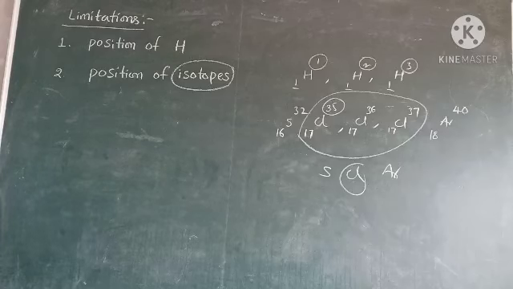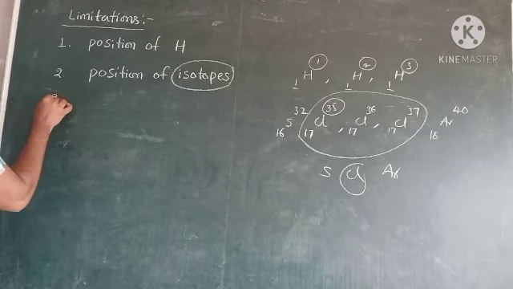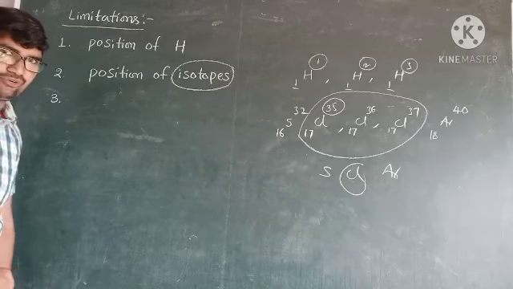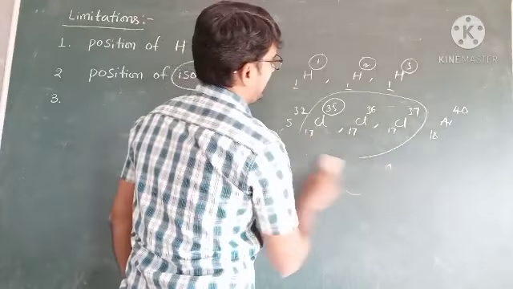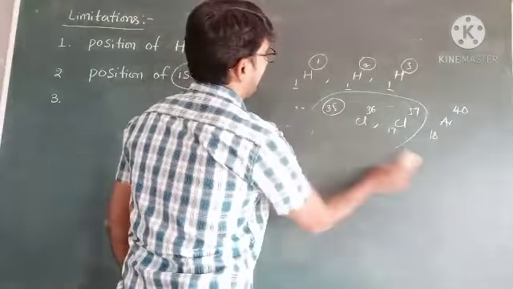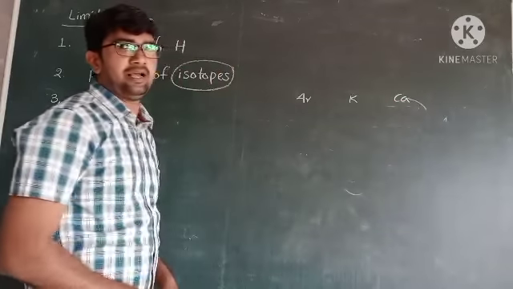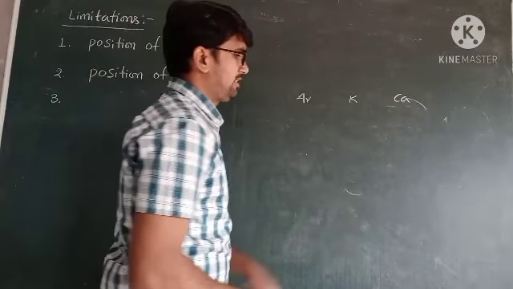Second drawback. This is the second drawback. Third one. It is a very interesting question. We know the 1 to 30 elements, hydrogen to zinc, and we know that order and also their atomic masses. Sir, argon, potassium, calcium.